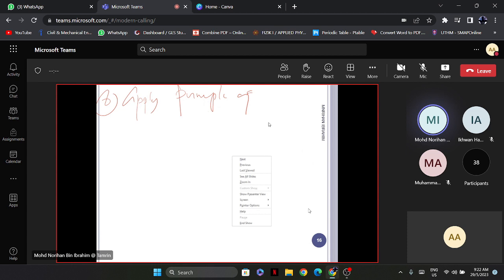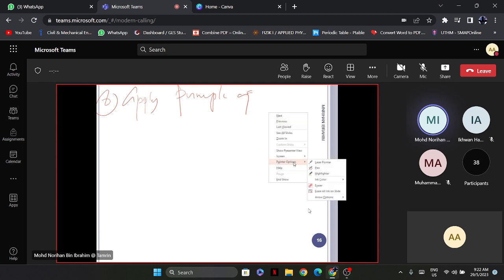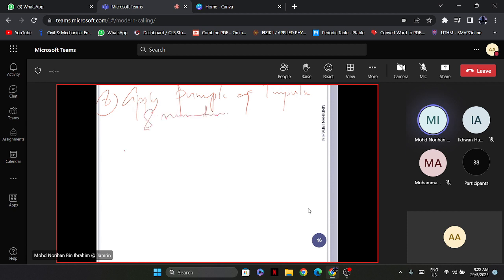Apply the principle of impulse. So we consider the x direction: mv1x plus integral of F dt is equal to mv2x.